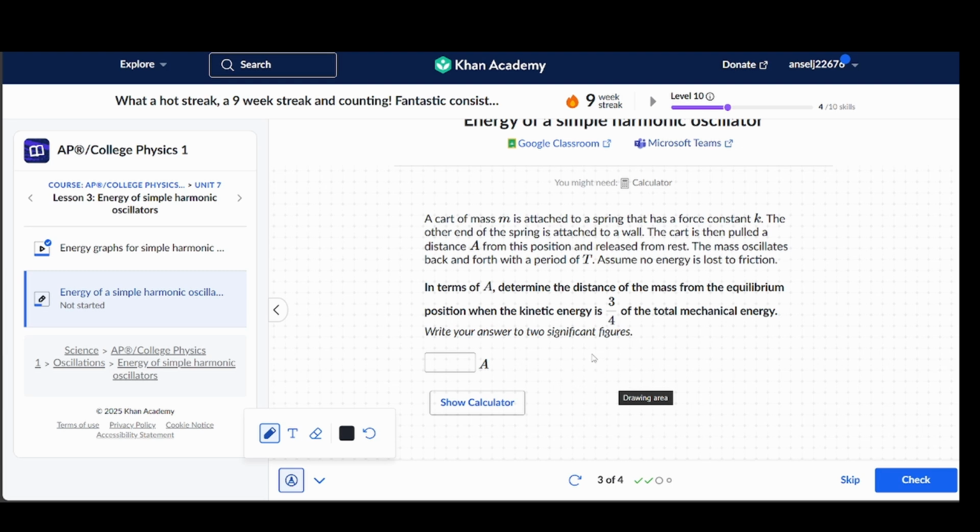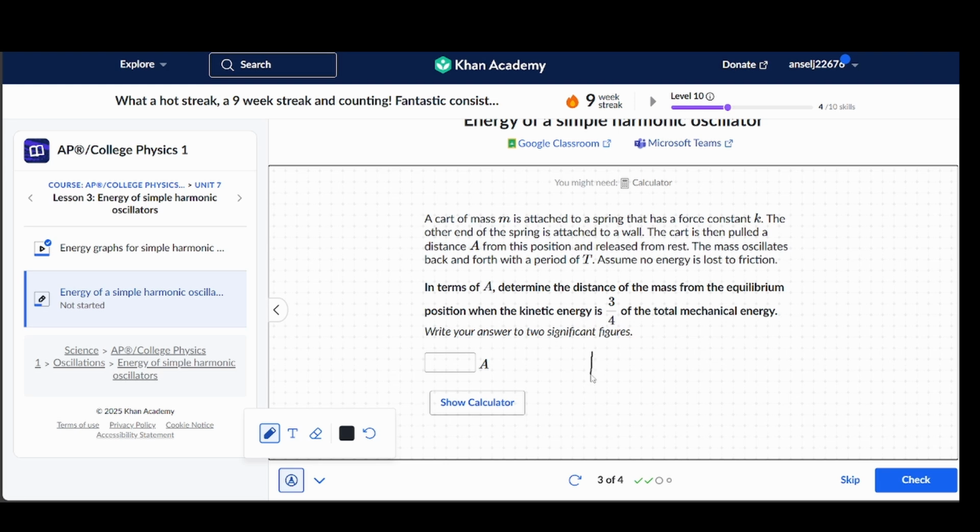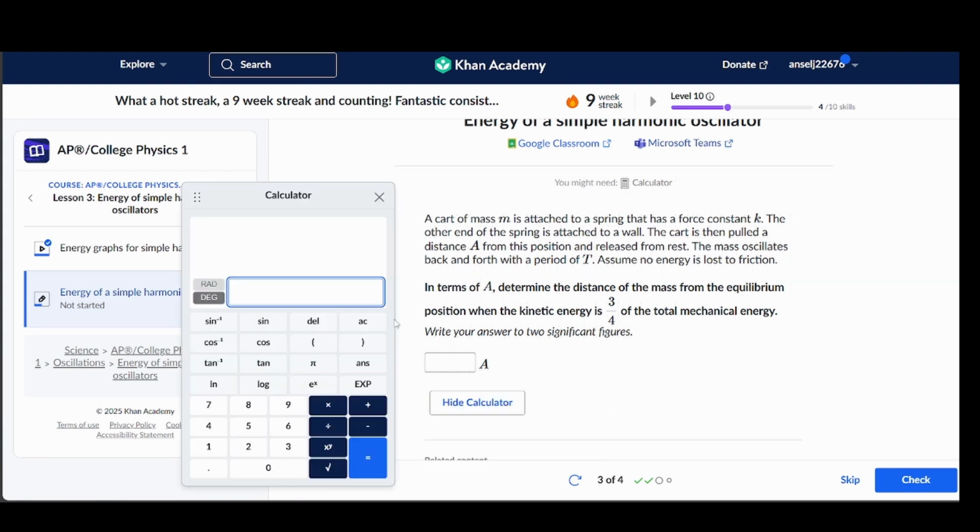Alright, so, oh brother. Maybe this is a stretch. I'm stretching this right now. But if everything is the same, and the only thing that's changing is the distance, and you need to make that.